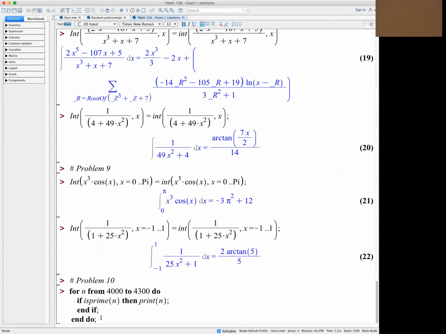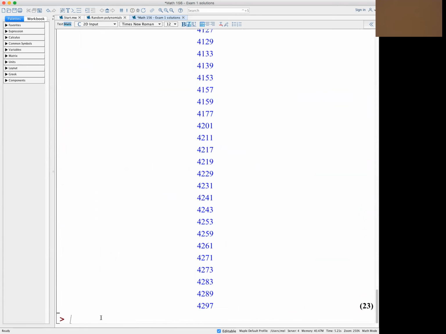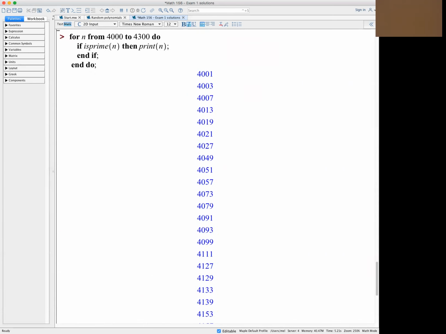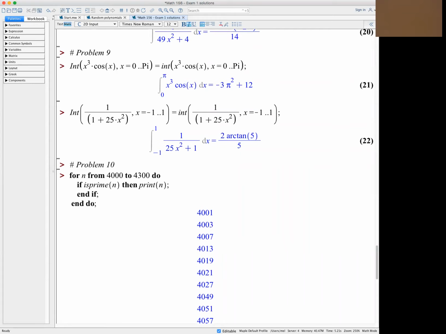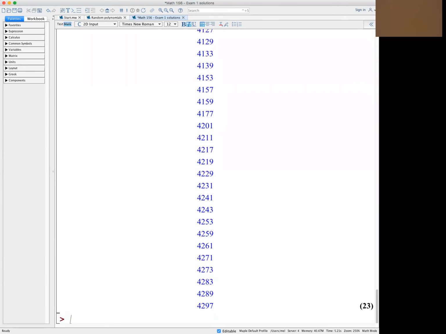So this should be the program. And here they are. These are all the primes in this interval of 300, from 4,000 to 4,300. Those are the primes.